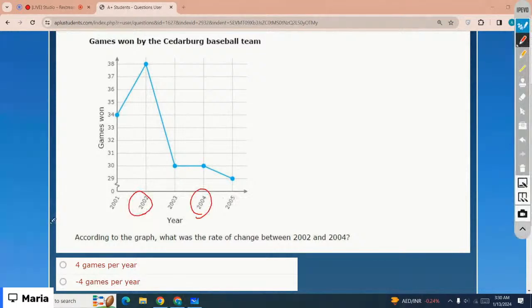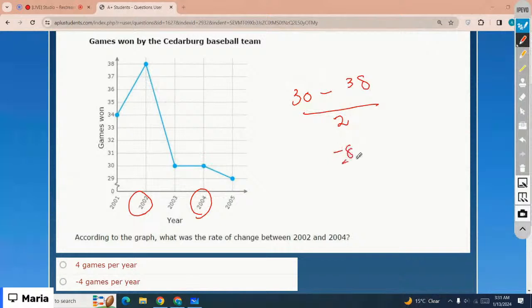So the rate of change is change in value divided by change in time. So in 2004, that is 30, and in 2002, that is 38. And the difference between years, that is 2.